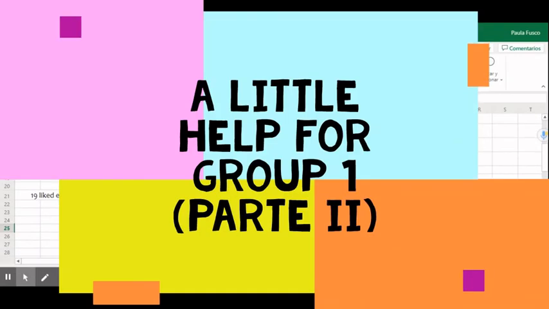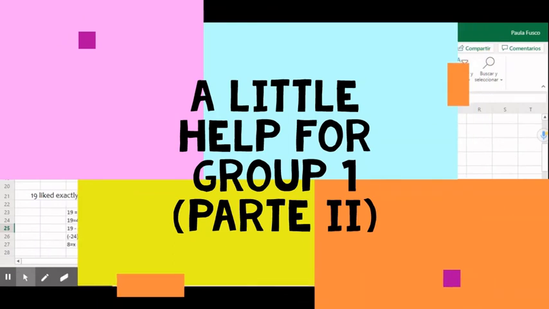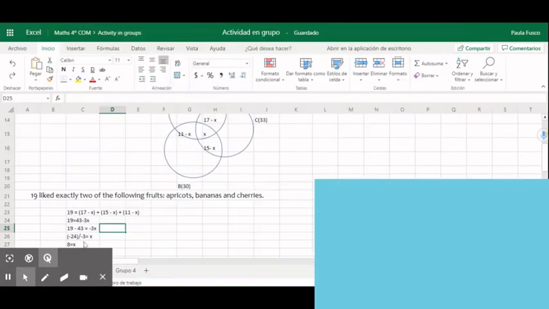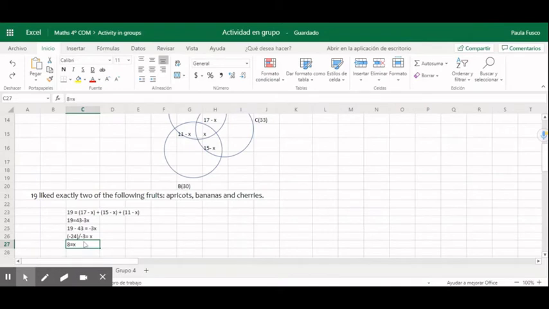A little help for group 1 part 2. Well, as you have seen on the previous video, I have found the value of x. I directly wrote 8, but you have to do all the steps, okay?